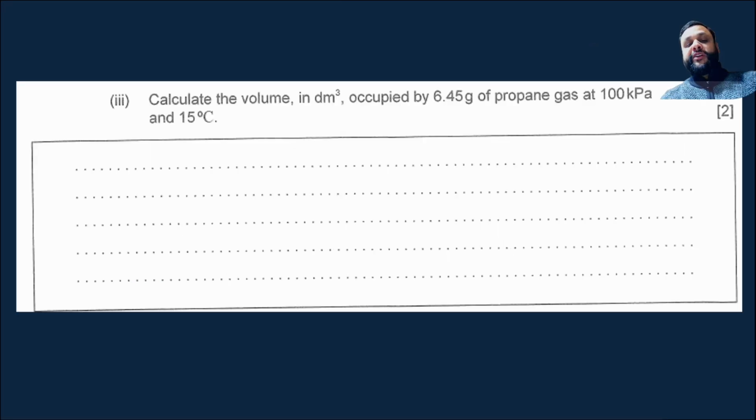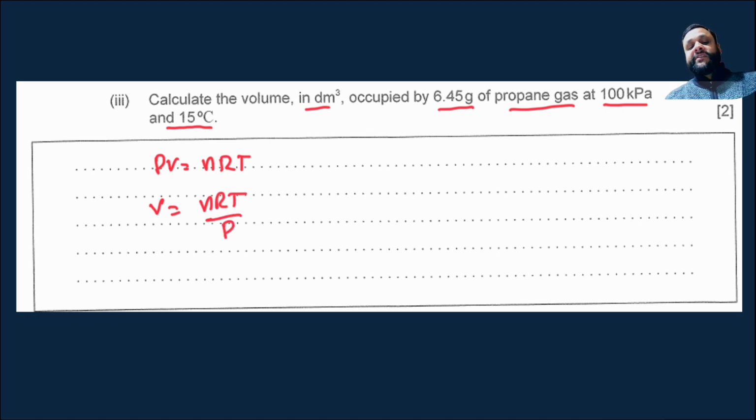Calculate the volume in dm cube occupied by 6.45 gram of propane gas at 100 kilopascal and 15 degrees Celsius. So we can use PV equals nRT, the ideal gas equation. We have to work with the volume, so let's rearrange for volume. Volume will be equal to nRT over P. Let's do the unit conversion.